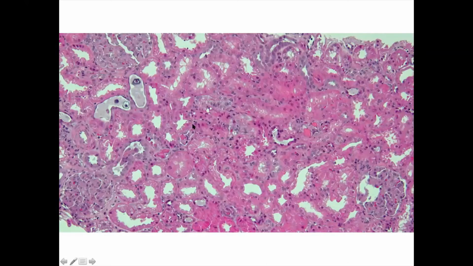So basically, looking at the H&E, the first thing that really strikes you is the tubules look beaten up, with sloughed epithelial cells, and there is very bad ATI, acute tubular injury. And look over here, the blood vessels look a bit swollen.